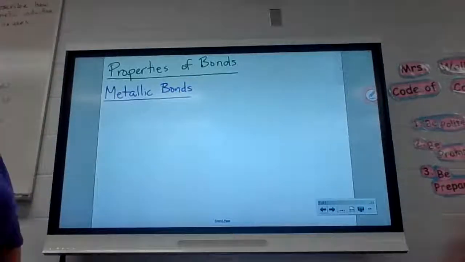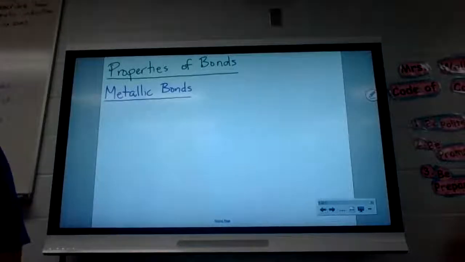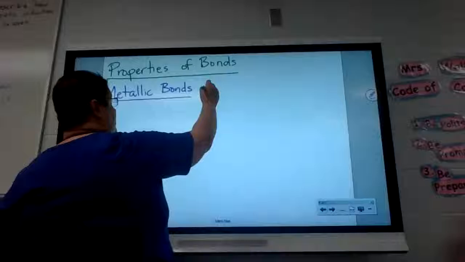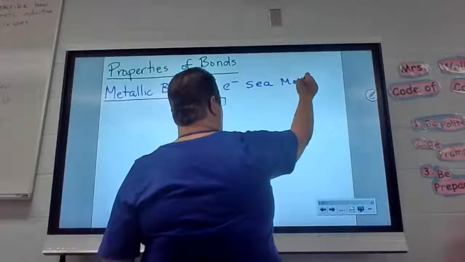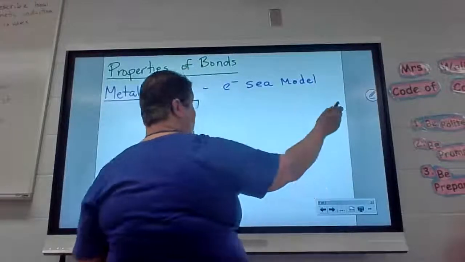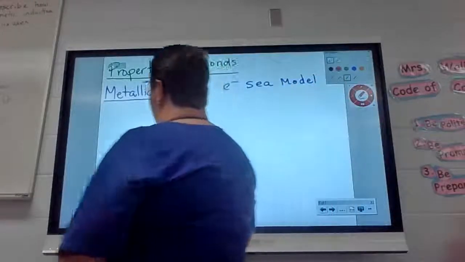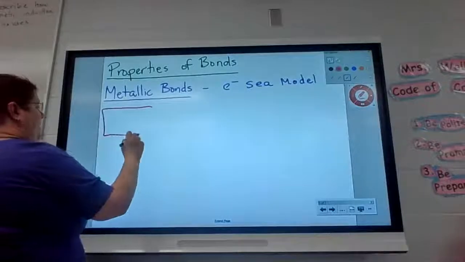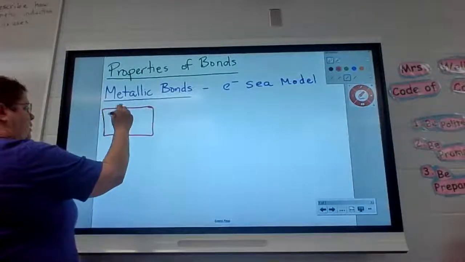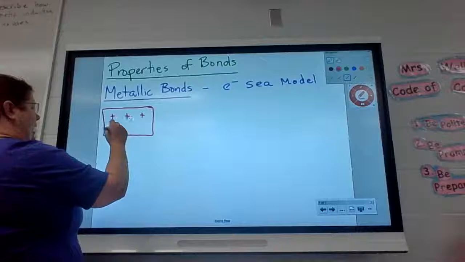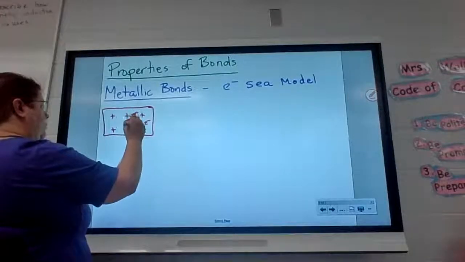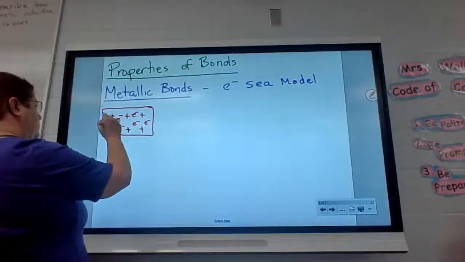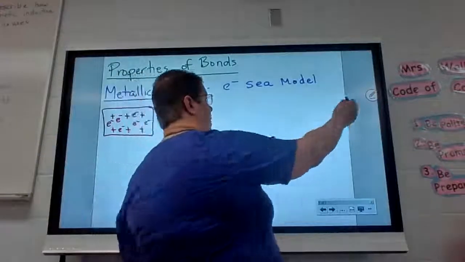All right, so we're going to talk about metallic bonds. In a metallic bond, I told you when we defined this that this was called the electron sea model. It's called the electron sea model because if we look at a cross section of a metal, you have a bunch of positive nuclei and you have electrons that are in the metal.